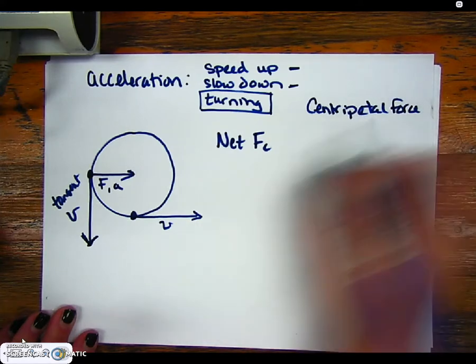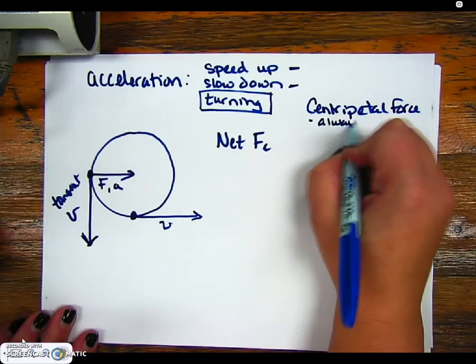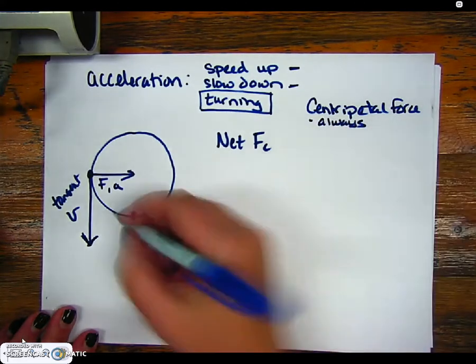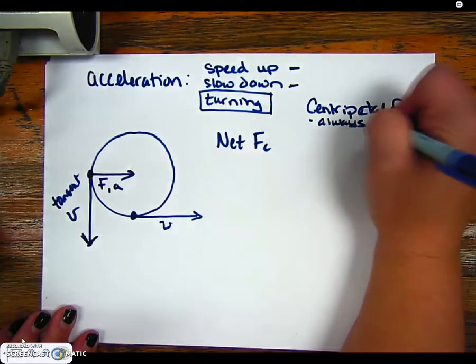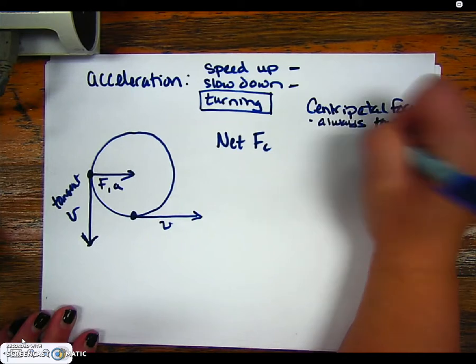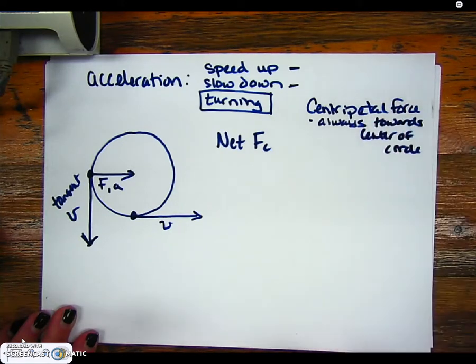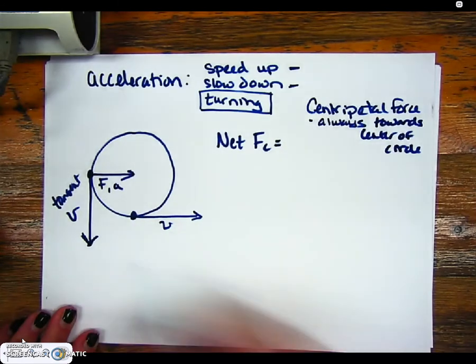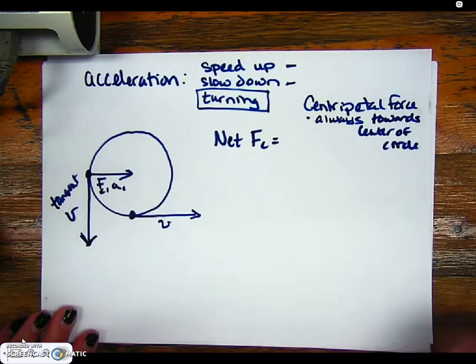It's a center-seeking force, and it is always pointing towards the center at any position. If it was here, it would be going up, towards the center of the circle. We also call that acceleration a centripetal acceleration.